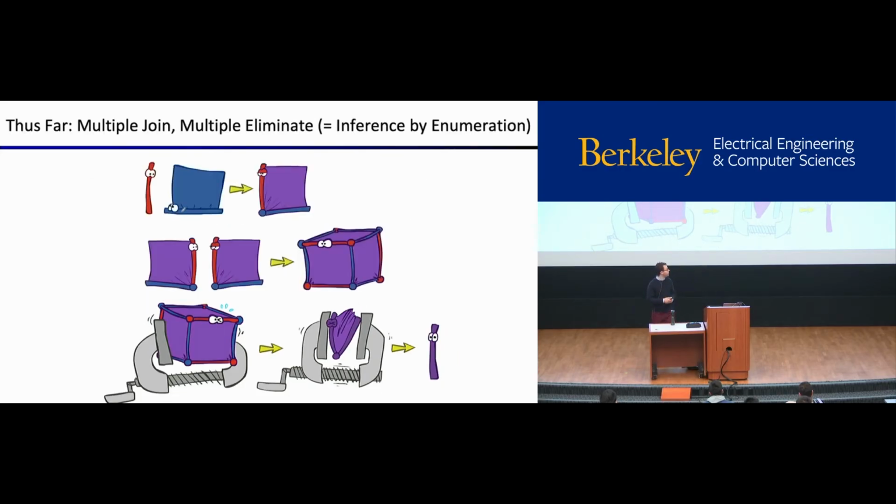So we start by multiplying everything together. We get this 3-dimensional looking box thing, and then we clamp these 3 dimensions into 2, and then we clamp the 2 dimensions into 1, and then we're back to where we need to be. So this is how we answer the question of, am I going to be late for class? What's the probability of being late for class using this particular Bayes net if we want to do inference by enumeration?